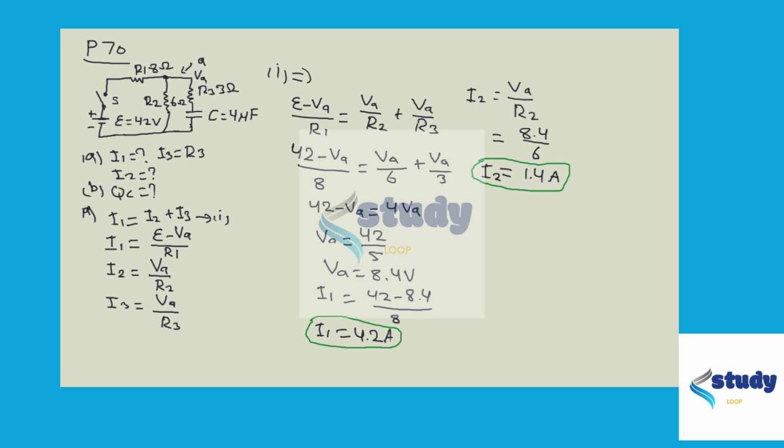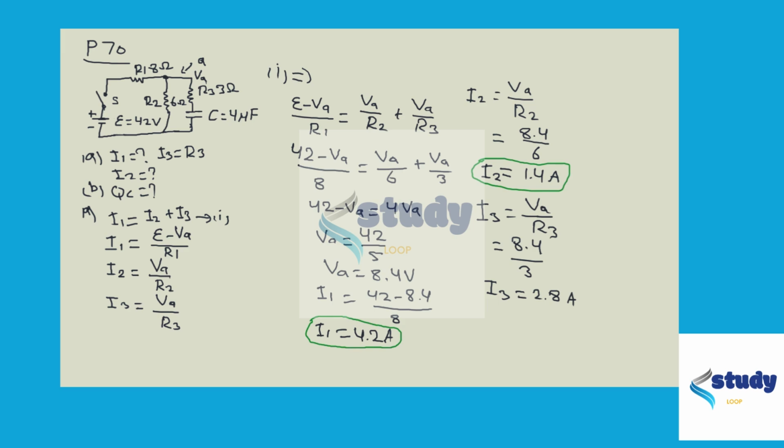And for I3, we have I3 is equal to VA over R3, and this equals 8.4 divided by R3, and R3 is equal to 3 ohms, and this results in I3 of 2.8 amperes.